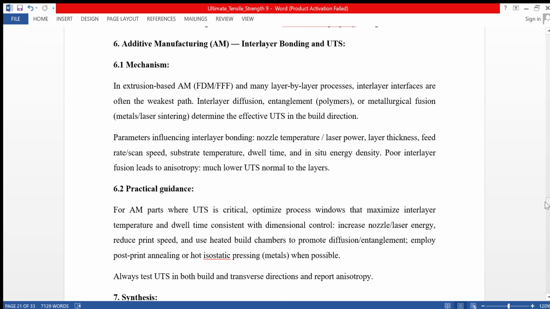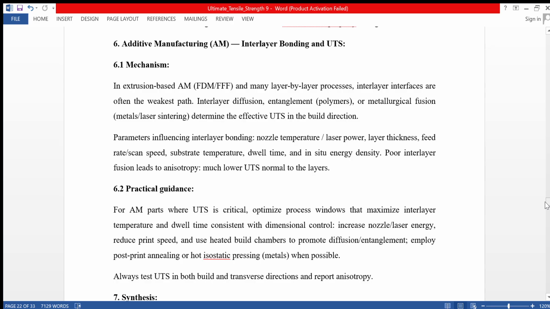Additive manufacturing. Layer bonding and interlayer bonding and UTS. Mechanism: in extrusion-based AM, FDM, FF or FFF, and many layer-by-layer processes, interlayer interfaces are often the weakest part.